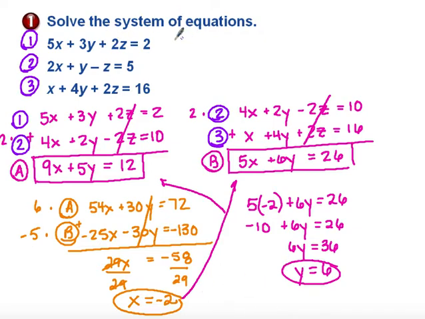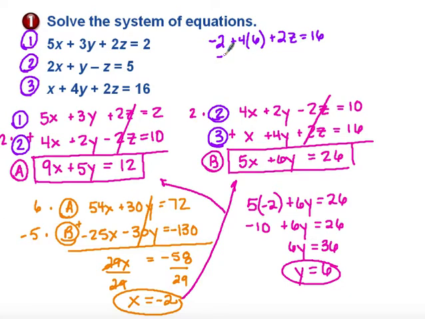Now I'm going to go back up to one of the original equations. Again, I could use all three, it does not matter. I'm going to substitute my x, I'm going to substitute my y, and I'm going to solve for z. So I'm going to go ahead and plug this into the third equation, and that's going to give me -2 plus 4 times 6 plus 2z equals 16.